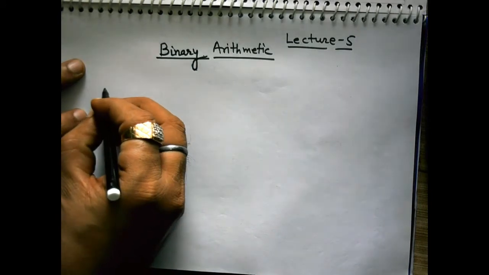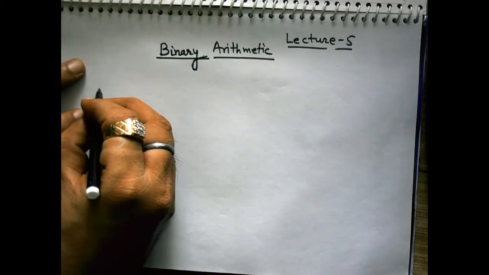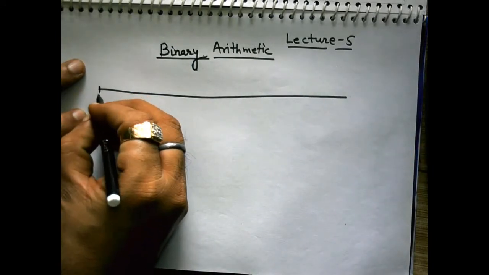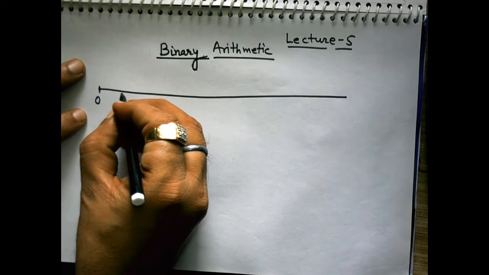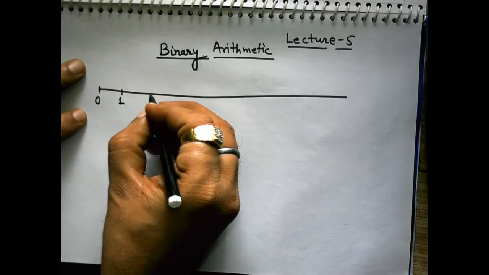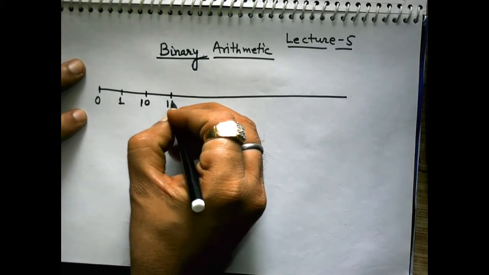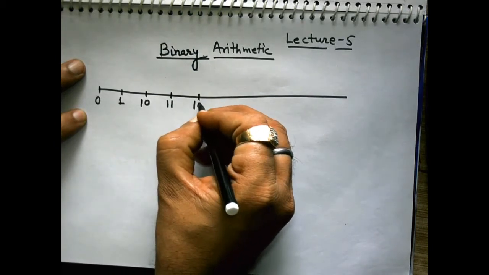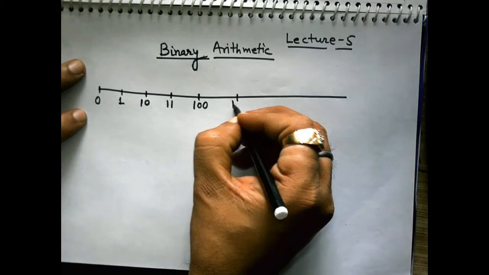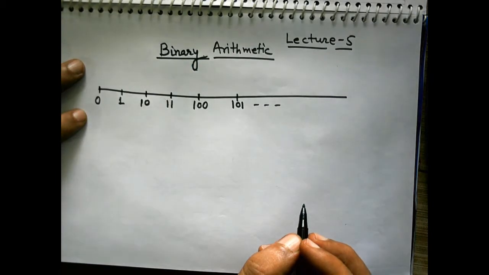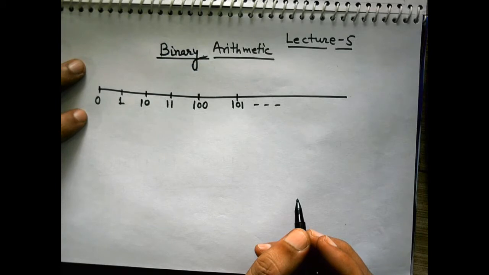So just to start with, we write a number line in the binary system. The very first number is 0, then 1, and naturally 10, 11, 100, 101 and so on. With the help of this number line, we will write down the table of binary addition.